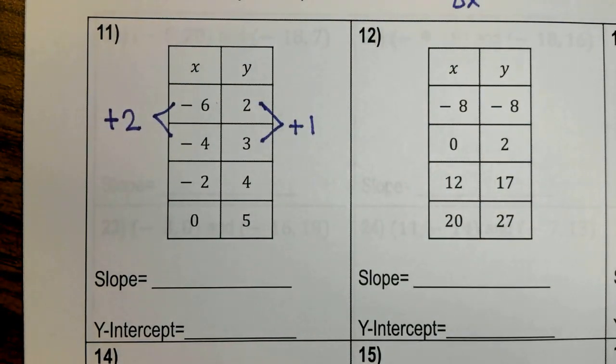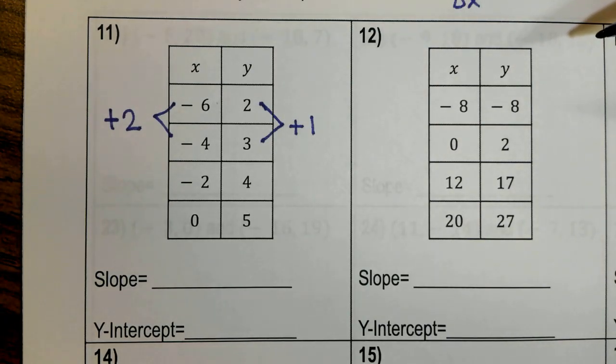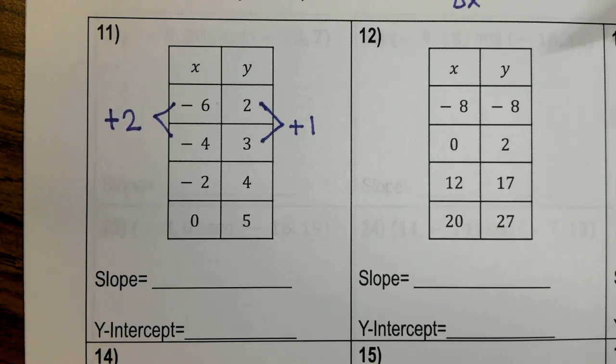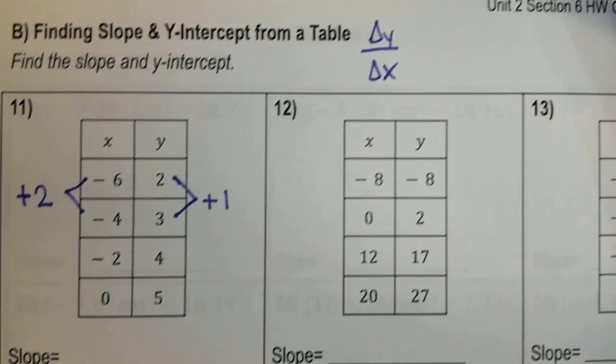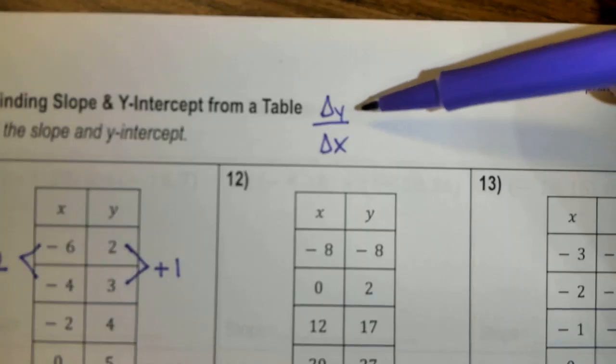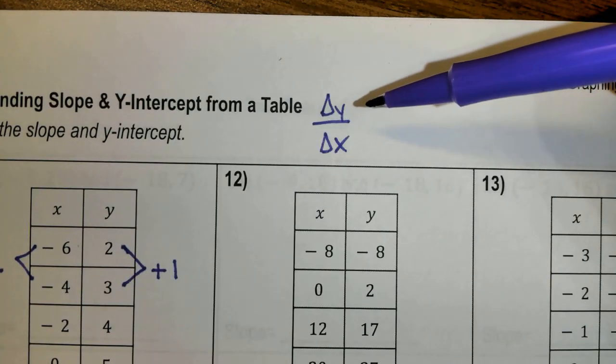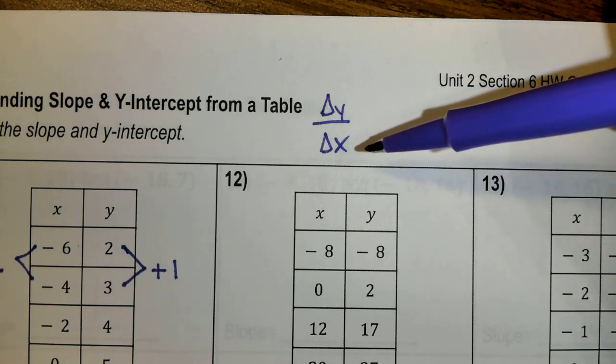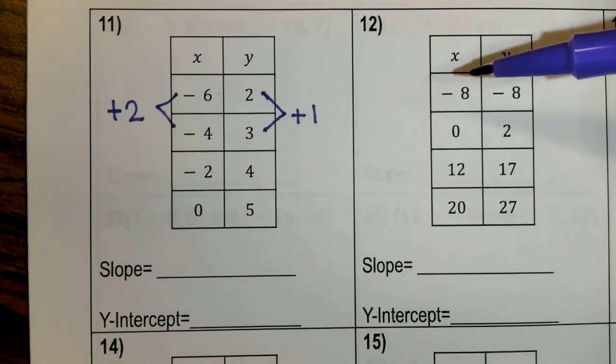Okay? Now, again, I can pick any row or any 2 rows and do the same thing. I could even skip rows and do the same thing. I will always get my same answer as long as these are linear equations, which in Algebra 1, for now, that's all we have. Okay? So, looking at this, my slope is my rise, which is the change in y, over my run, which is the change in x.